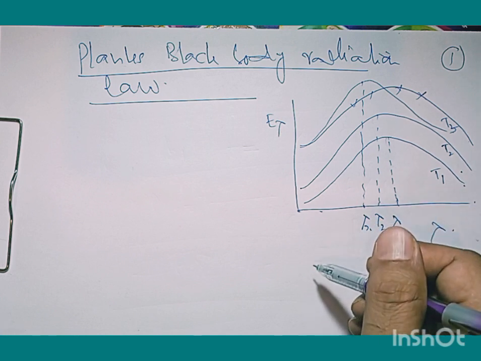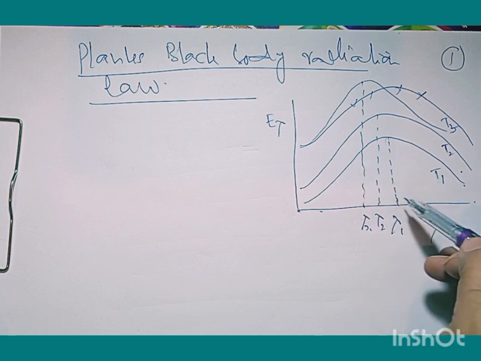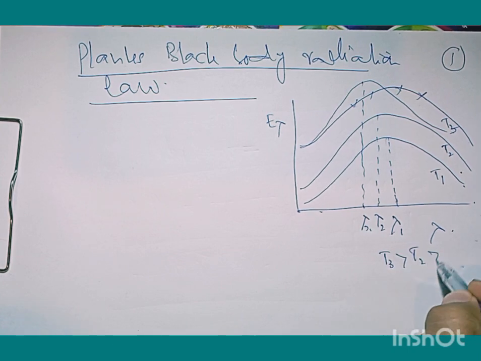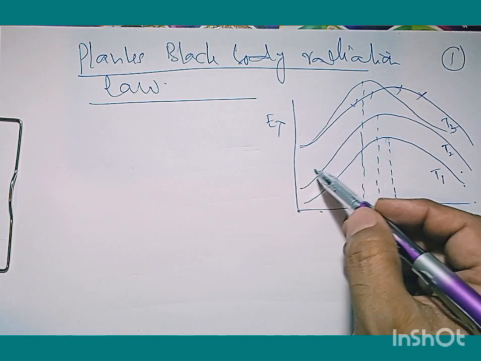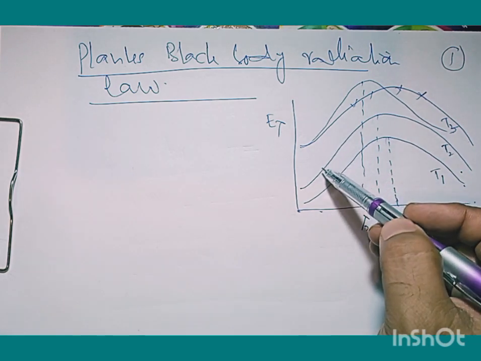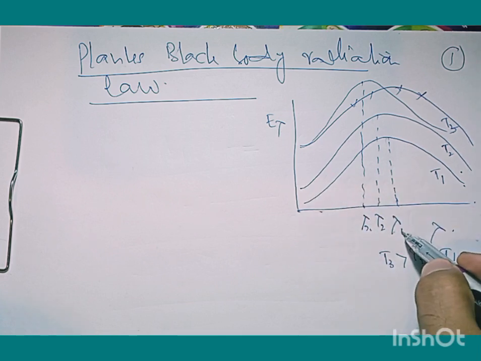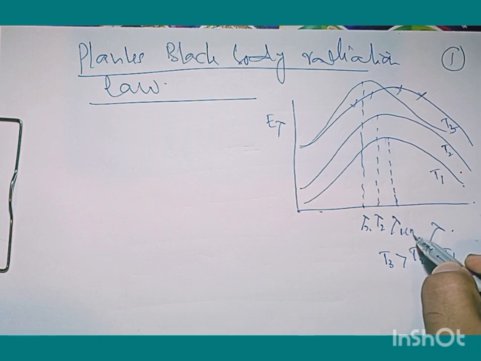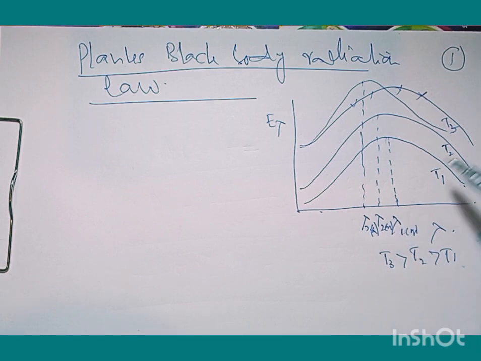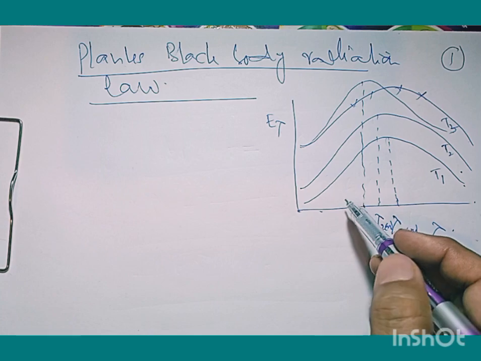The next important thing is the increase in temperature. Here T3 is greater than T2, which is greater than T1. If we look at T2 here, what we observe is that on increasing the temperature, the value of this lambda, I think it's better to call it lambda 1 max, lambda 2 max, and lambda 3 max, shifts towards the left.